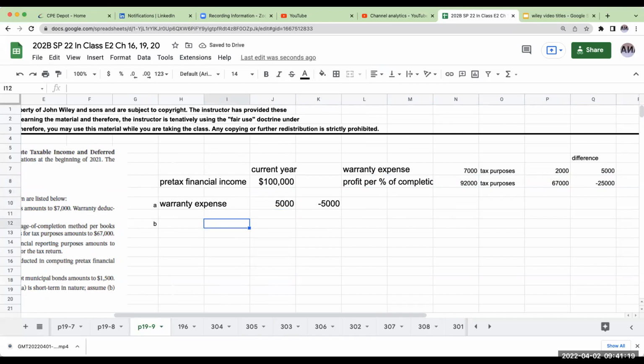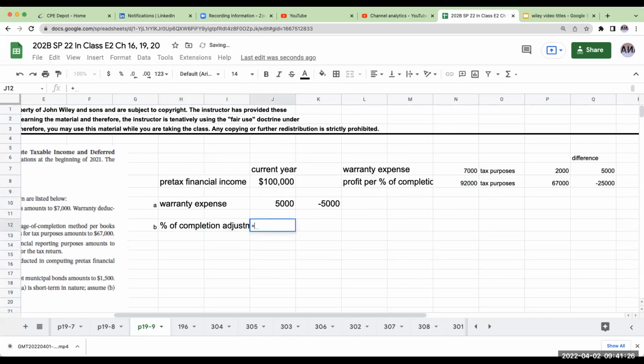So this is the percentage of completion adjustment, and this is going to be a negative $25,000. I'm paying $25,000 less in the current year because for accounting purposes my income is 92, but for tax purposes it's only 67.